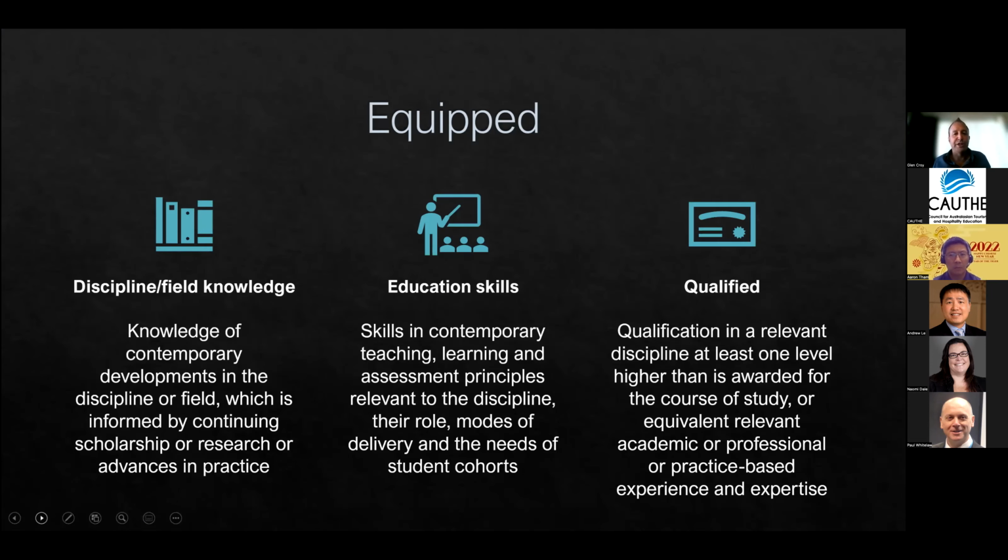So a bit more detail as to what these mean. Discipline or field knowledge is knowledge of contemporary developments in the discipline or field, which is informed by continuing scholarship or research or advances in practice. This is actually quite inclusive, in that the knowledge can come through research, scholarship, or advances in practice.